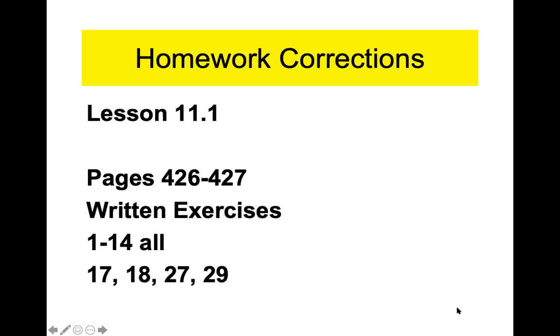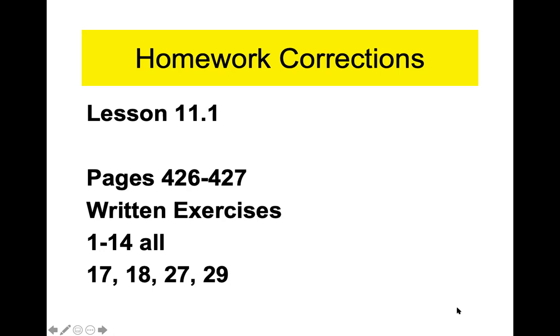Number 9, there's 2 answers here. The area is 36 square centimeters and the perimeter is 26 square centimeters. Number 10, the height is 10 centimeters and the area is 400 square centimeters. Number 11, the height is 5 centimeters and the area is 80 square centimeters.